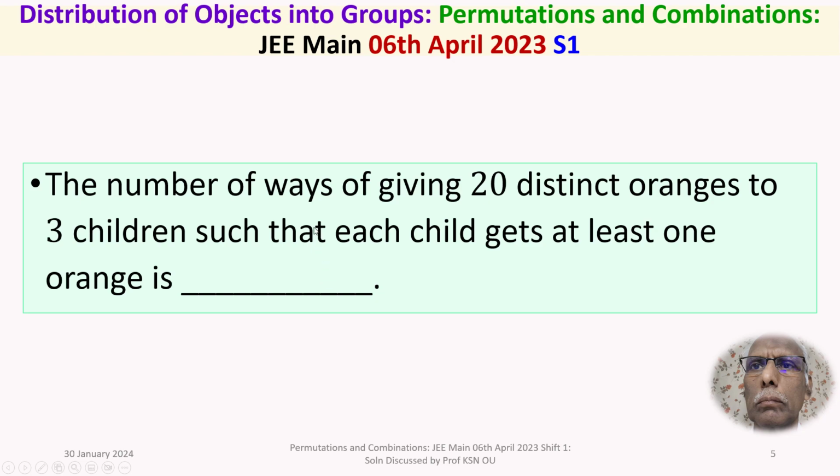We are given 20 distinct oranges, and they are to be distributed to 3 children such that each child gets at least one orange. In how many ways can this distribution be done? That's the question.